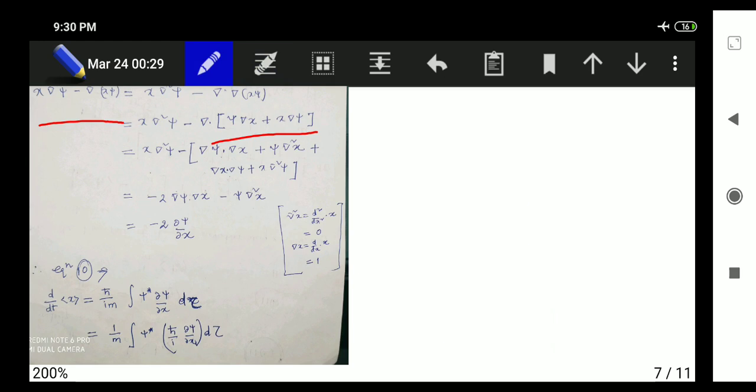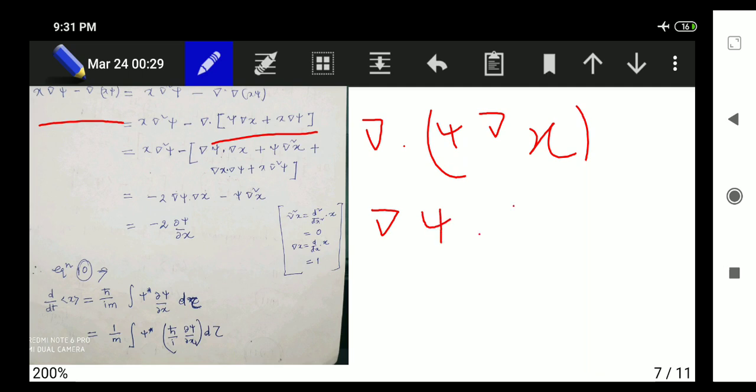So you got this. Then again the first term is same. Then you will take this del dot inside. So first this del dot, you have del dot psi del x. First term is like this, no? So first it will work like this, del psi dot del x, then plus the psi will remain outside, this del enters here, it becomes del 2 x.